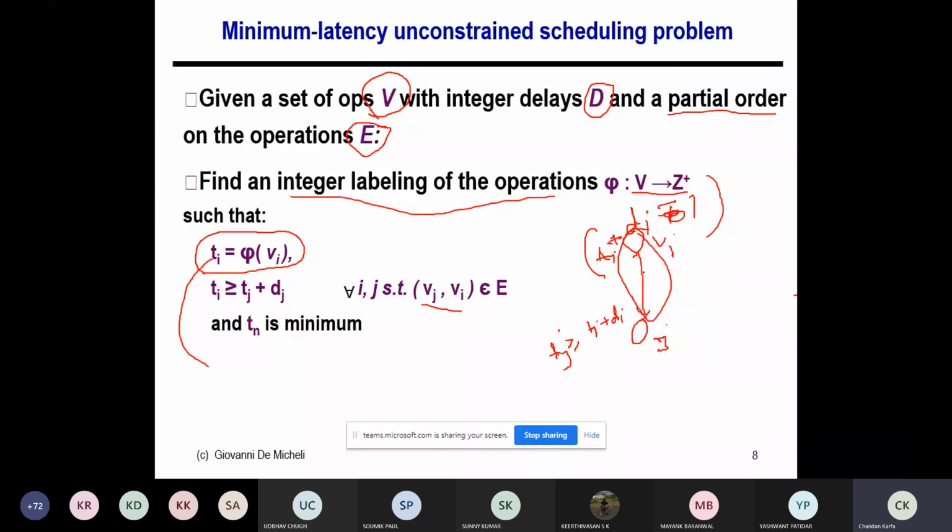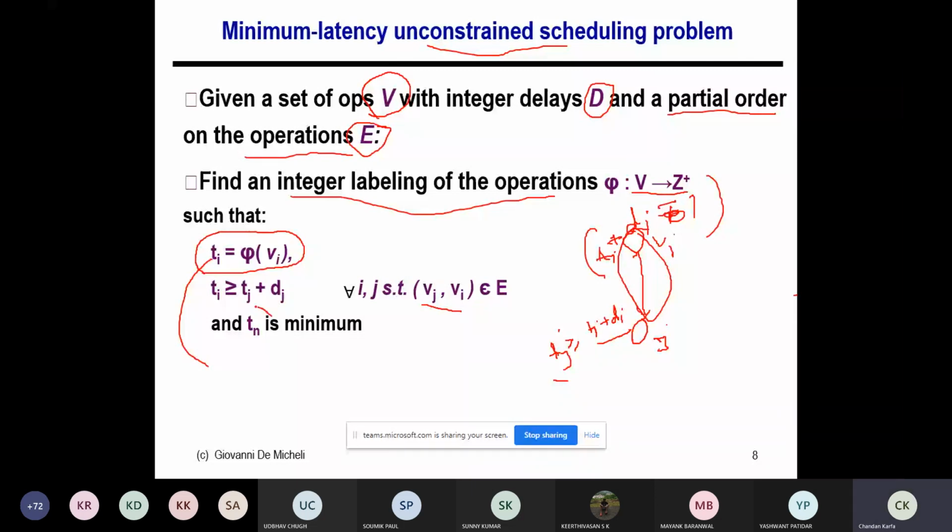If this operation is scheduled at time step ti and its delay is di, it executes from ti to ti plus di minus 1, so the earliest I can schedule the next operation is ti plus di. So tj must be greater than or equal to ti plus di. This is unconstrained scheduling, but it satisfies the partial order of the operations as well as their delays.